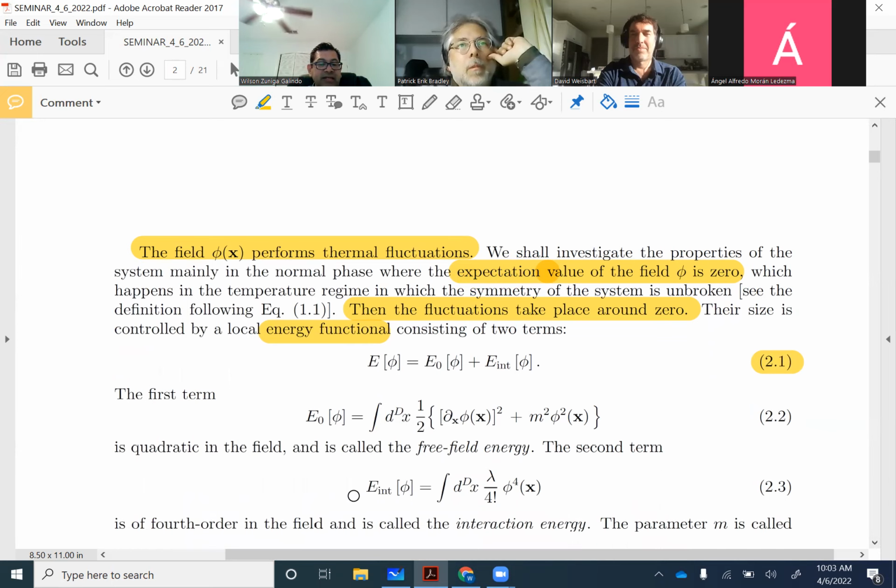The second term is the interaction term. In this case, we are using a φ⁴ term, and for this reason we say that we are working with a φ⁴ theory. Lambda is the coupling constant of the theory, and the parameter m is the mass of the theory.